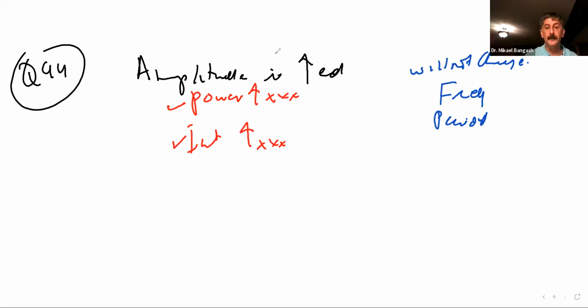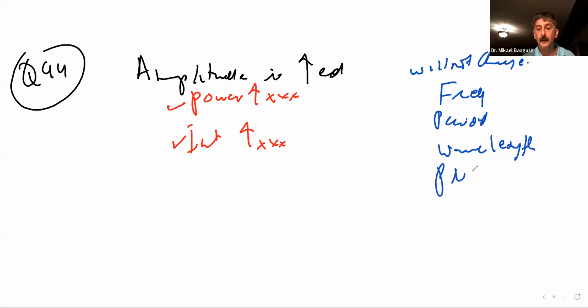Clear? If an option here was wavelength, the wavelength will not change, even if the amplitude changes. Is that clear?